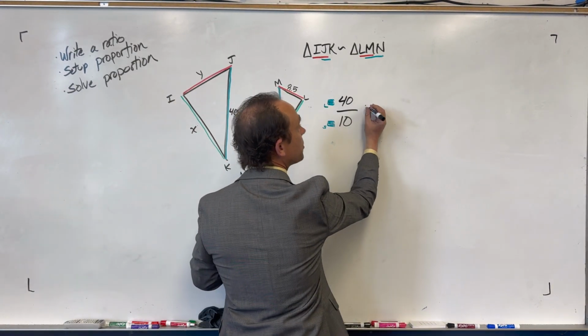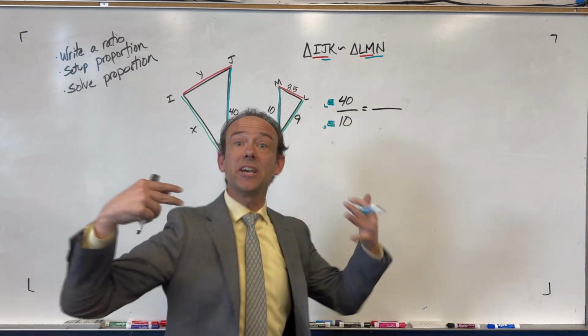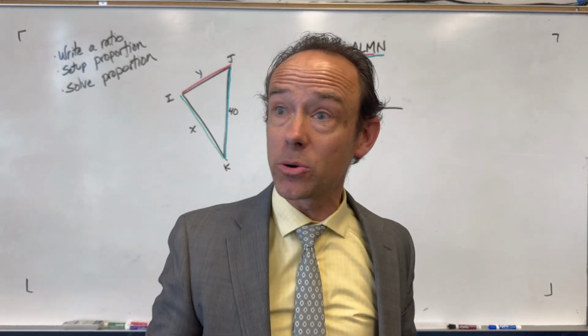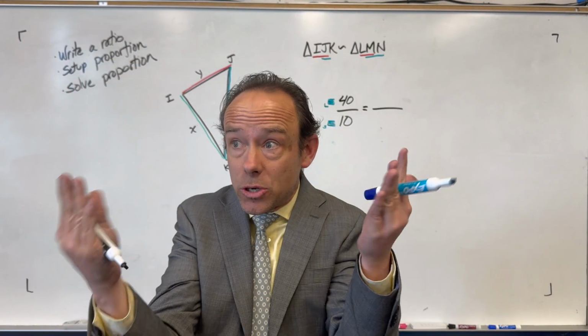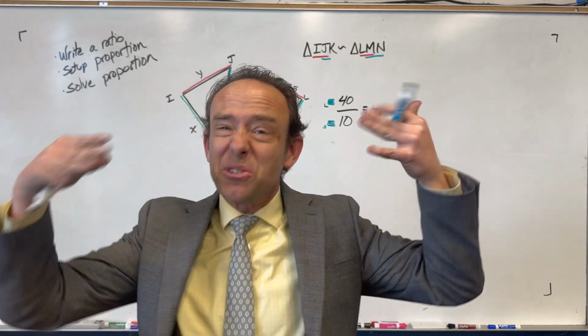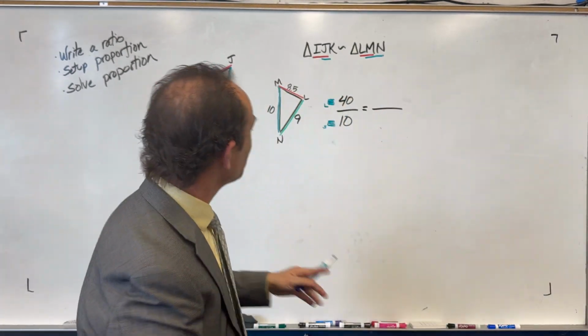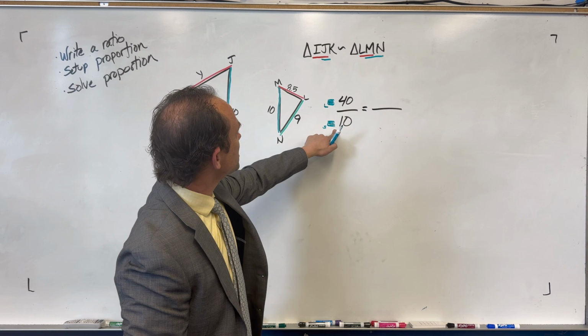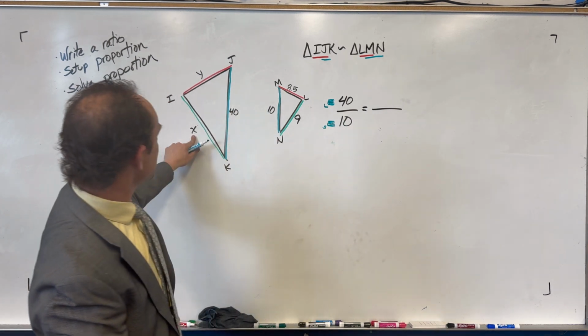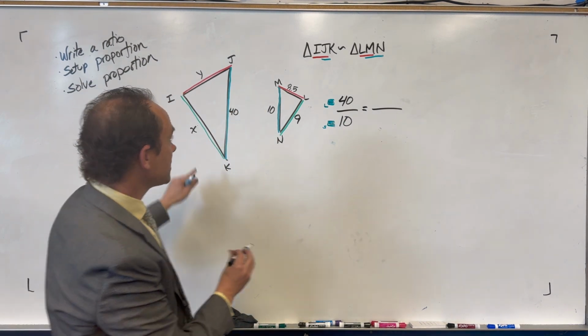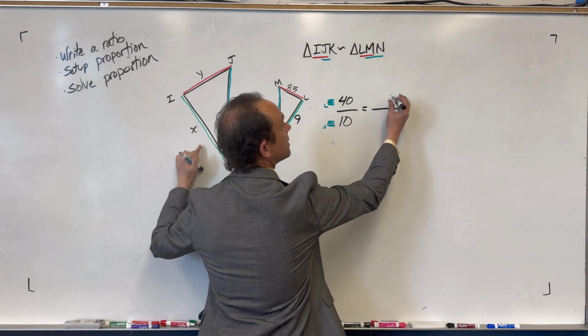Now set up the proportion. Here's where you've got to match ratios, because a proportion is equal ratios, and the ratios have to be of the same thing. So now I've got blue is to blue. Over here, if I want to get X, I can put X here.